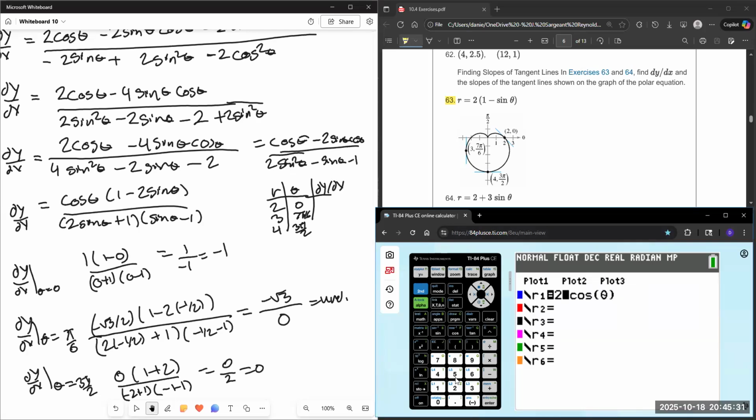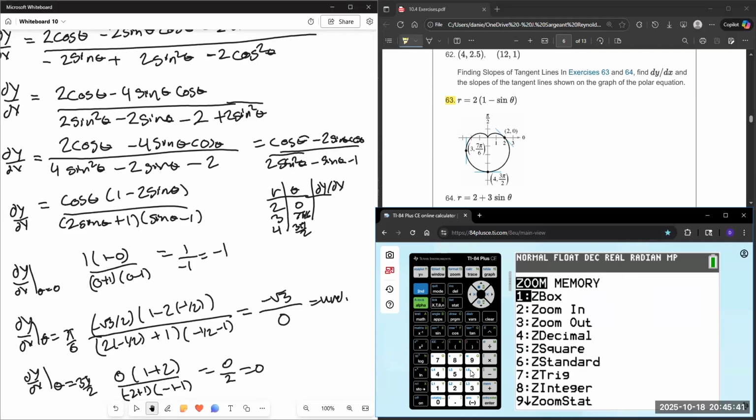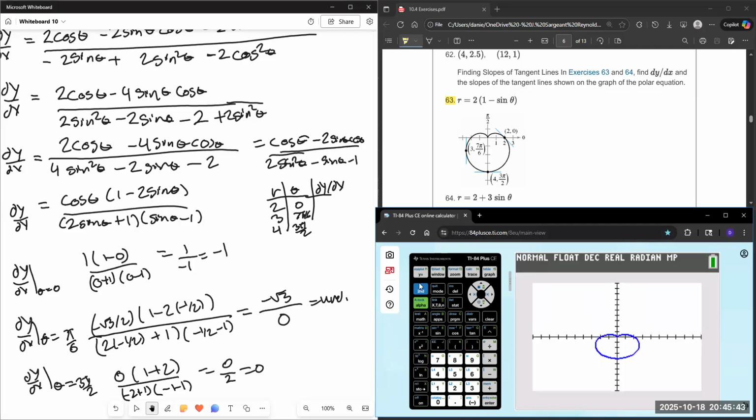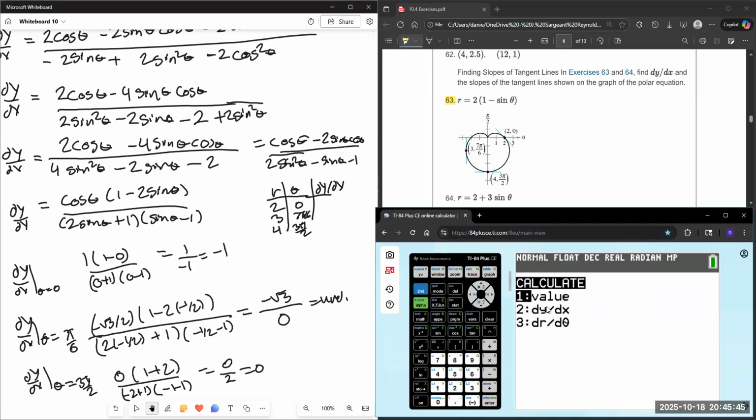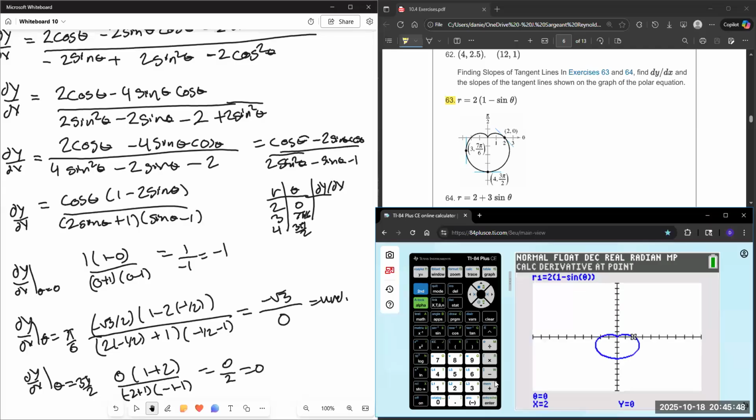Now let's come here, 2 times 1 minus sine of theta, zoom 6, and then second calc, dy/dx, when we are at theta equal to 0 is -1.